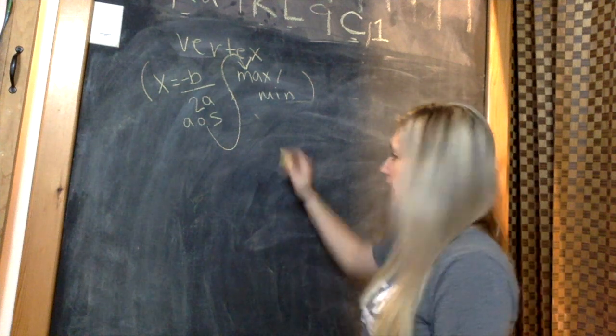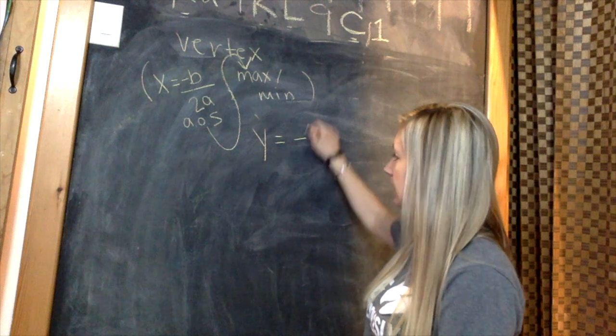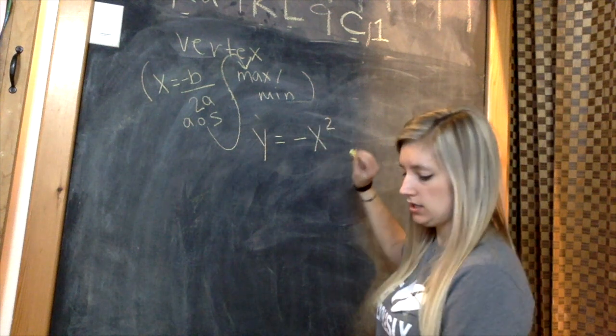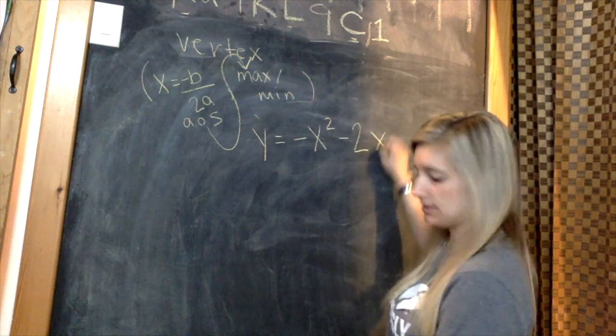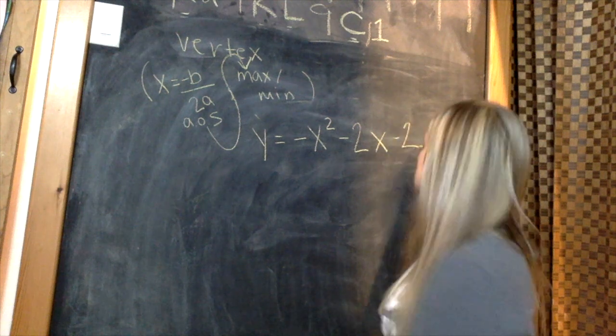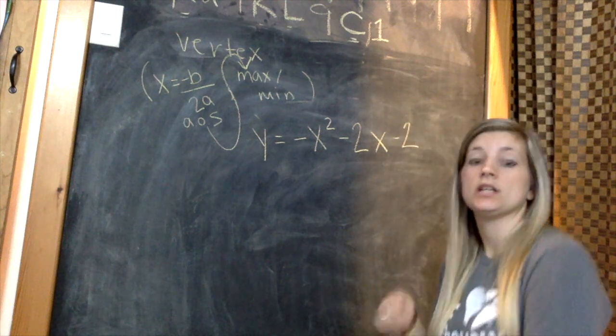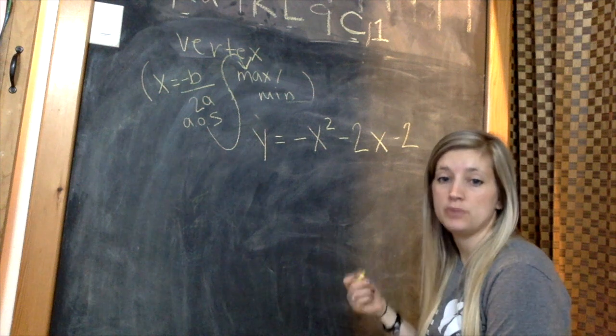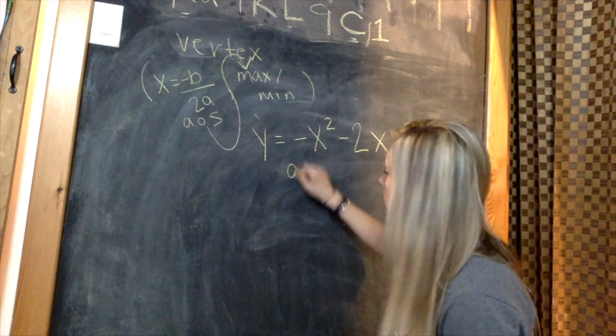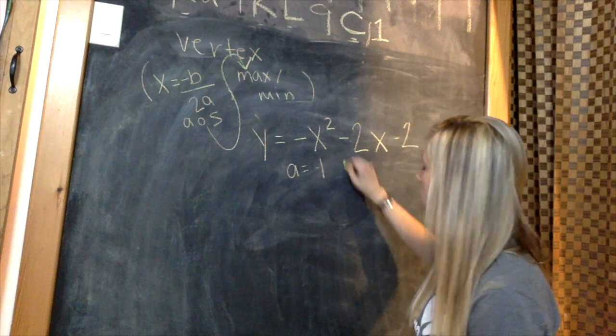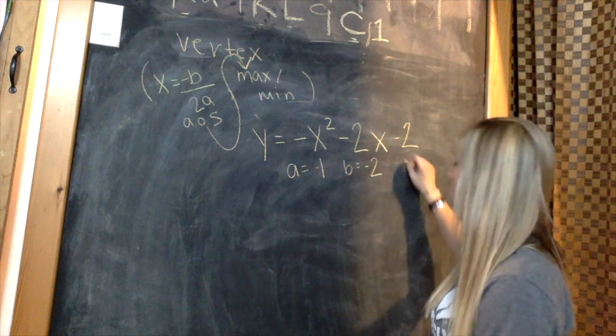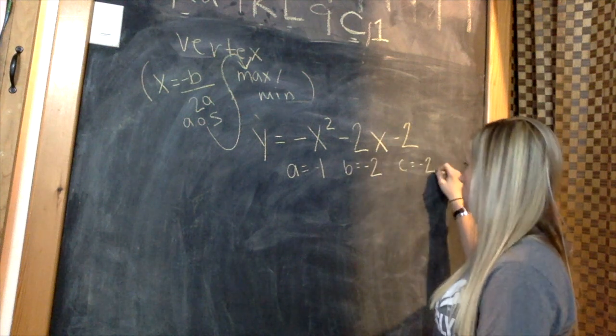So I have y equals negative x squared minus 2x minus 2. Okay, so just like we did on the last two, find your a, find your b, and find your c, okay? So a equals negative 1, b equals negative 2, and c equals negative 2, okay?